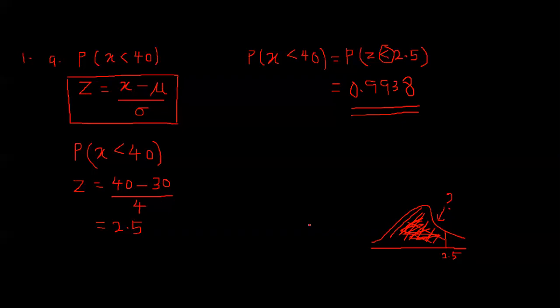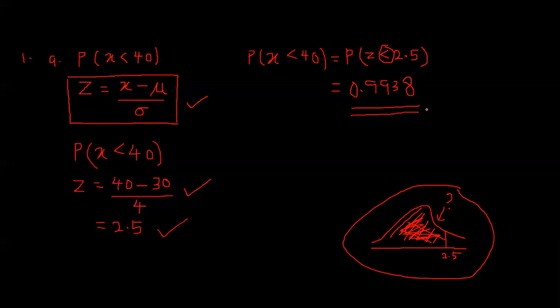Okay, so in your practical task, you can choose whether you want to draw this graph or not. It is not compulsory to draw this graph. I'll just show you to make sure you understand it. But in your task, the important part is you show the formula and then how you convert the value into the formula and what is the Z value that you get.